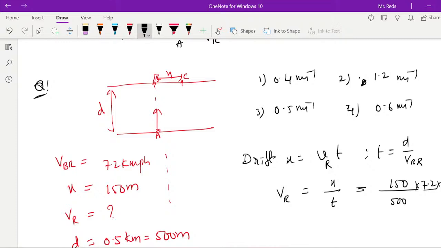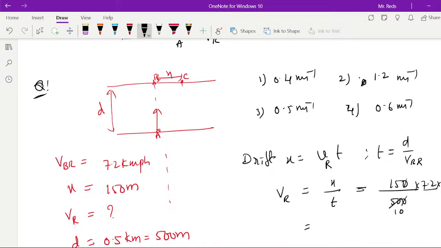Simplify now. Let's do these calculations by yourself.